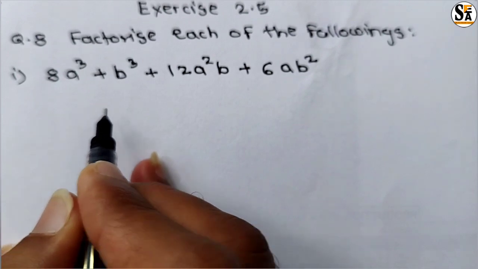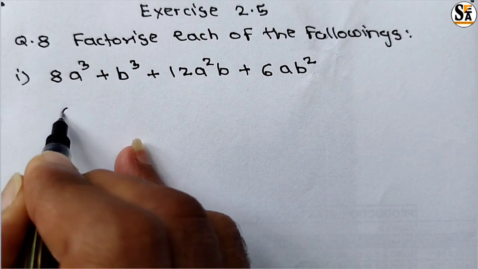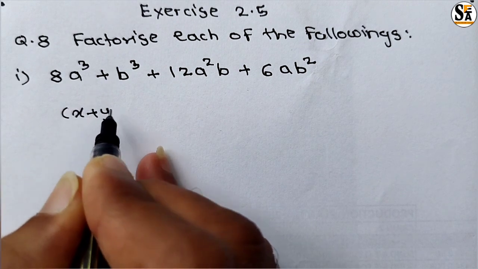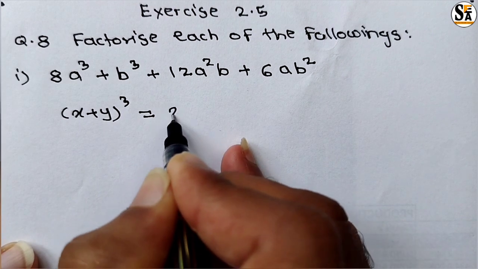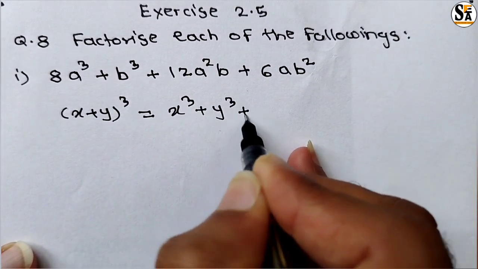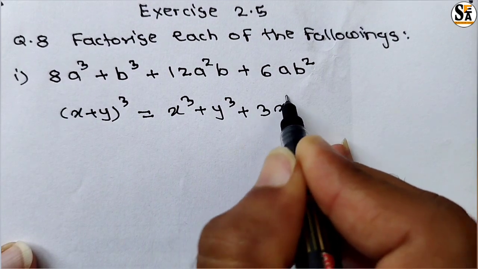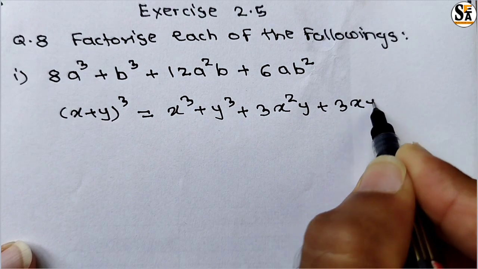We know the standard identity (x plus y) bracket cube. I will write it here: (x plus y) cube, and the expansion of the standard identity is x cube plus y cube plus 3 into x square into y plus 3xy square.